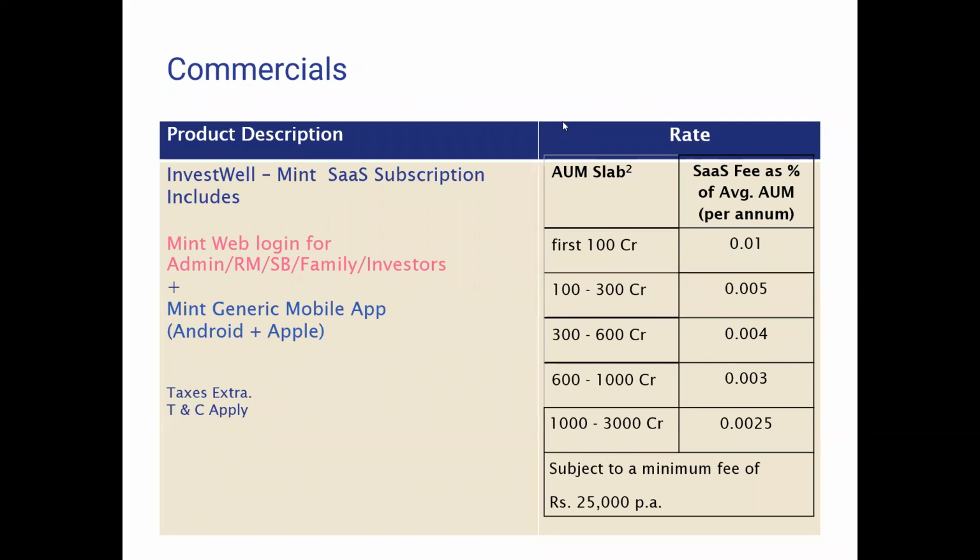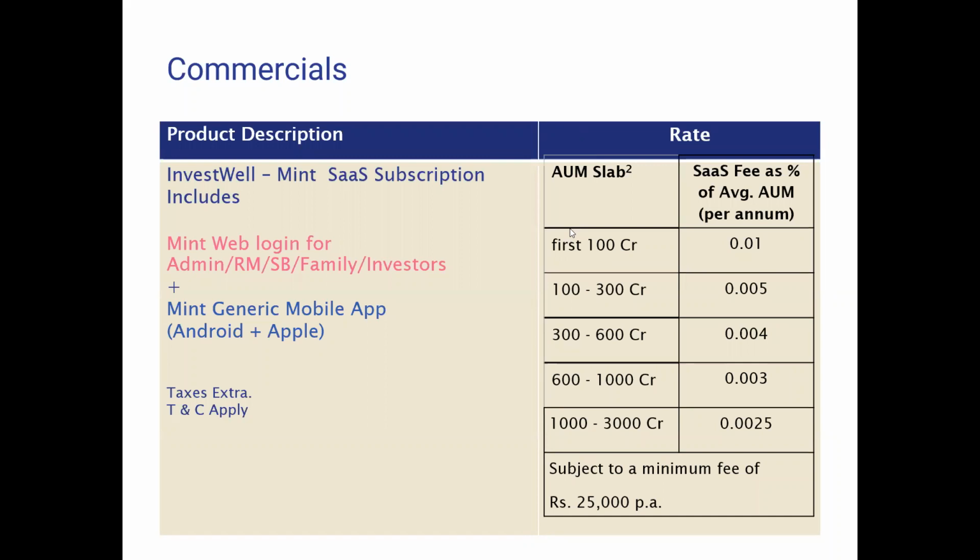If it is 30 crores, it's 30,000, and so on. After 100 crores, the rate gets reduced considerably. For the next 100 to 300 crores, the rate is 0.005. And as you progress, your per crore servicing charges get reduced considerably.